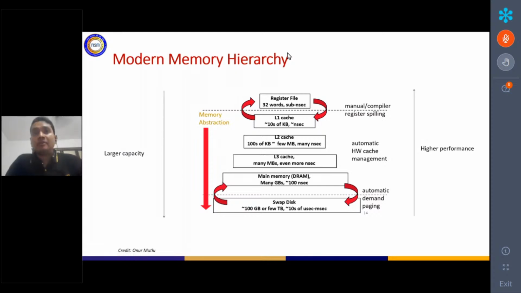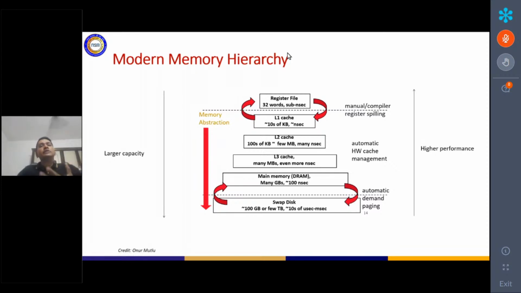Now, why is it important from the AI computation or AI benchmarks point of view? Because from AI benchmarks, we have seen that we need a lot of data to be accessed for training these benchmarks, right? And when we talk about data, memory is the first thing that comes to mind, because memory is where you will store the data.